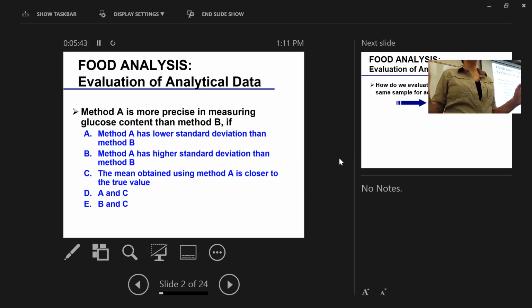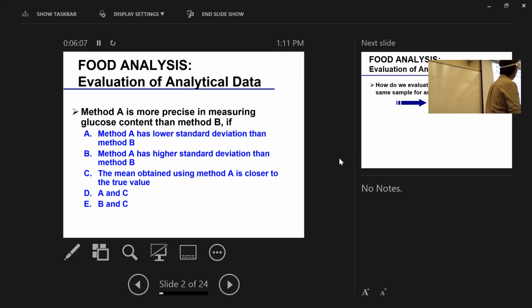You've done that in math at some point. So this is just a refresher and how it relates to your food data that you're going to produce throughout the semester. Okay, so I want to remind you again of precision and accuracy. There will be a lot about precision and accuracy throughout the semester with regard to the methods, with regard to the data you generate.